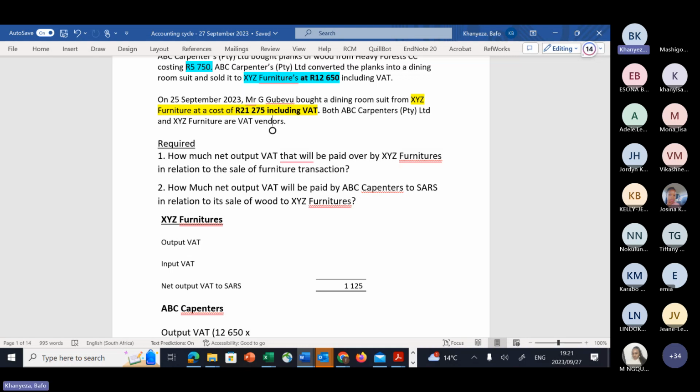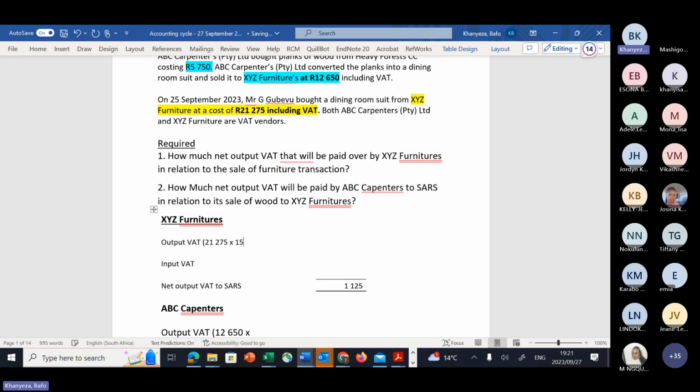XYZ Furnitures? The output VAT is what the business pays over to SARS. So how much is the amount? 21,275. You can answer on your side as well. We will compare if you are right.